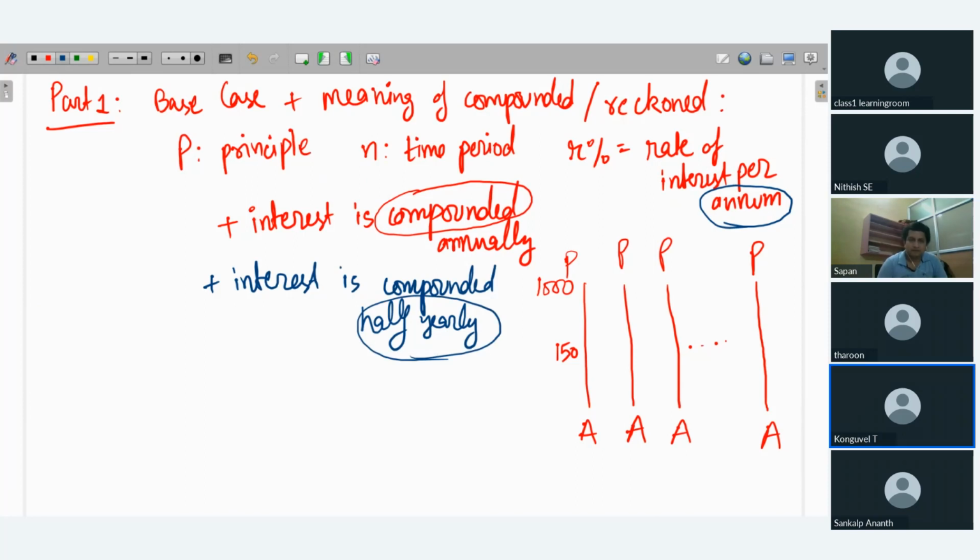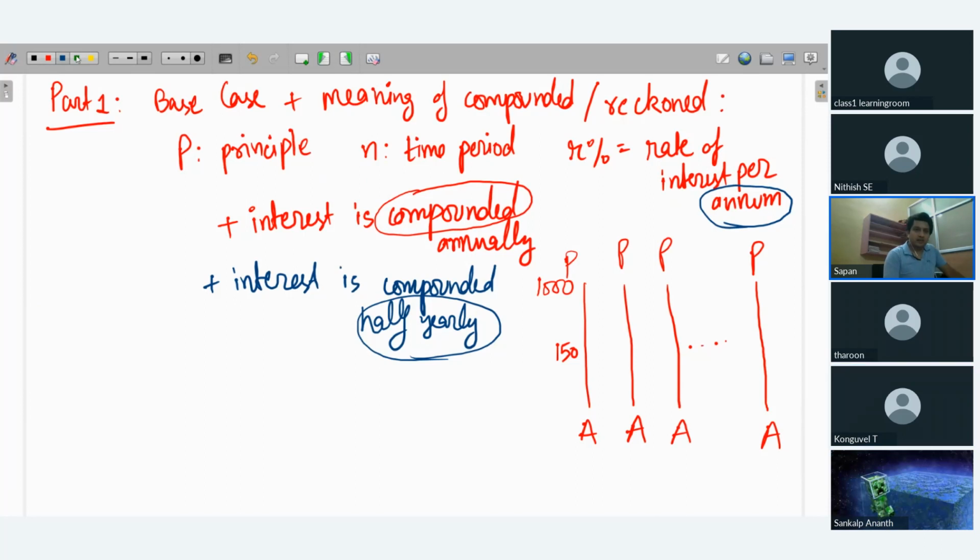Compounded means applied, given to you, credited to your account. So although the rate of interest is per annum, interest compounded half yearly means it is given to you at the end of 6 months, then the next 6 months, then the next 6 months. So it is a cycle of 6 months where you will see money added in your account. Understood? Yes, sir.